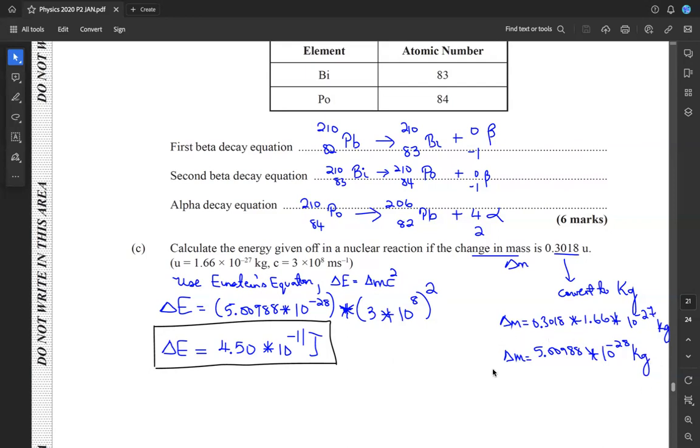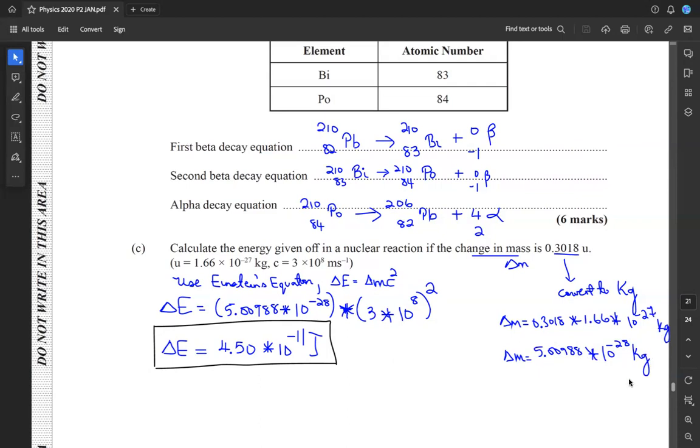And so we end up getting our change in mass in kilograms. So that's our first step, to convert these atomic mass units of U to kilograms. And so we did that here, and we ended up with a delta M of 5.00988 times 10 to the negative 28 kilograms.